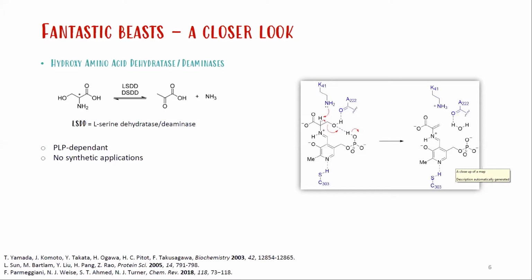And so far from what I saw, it doesn't really have many synthetic applications. So you would get a carbonyl group at the place where the amino group was. So in this case, a pyruvate.